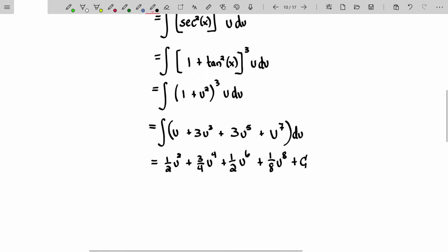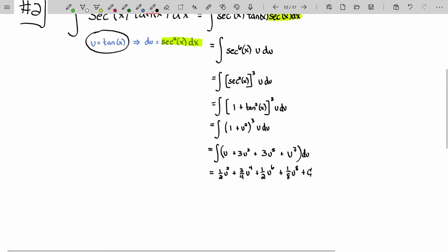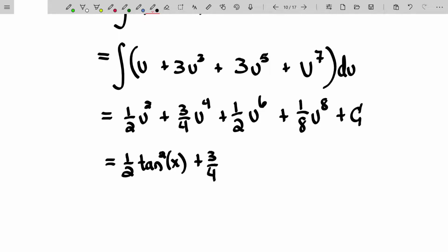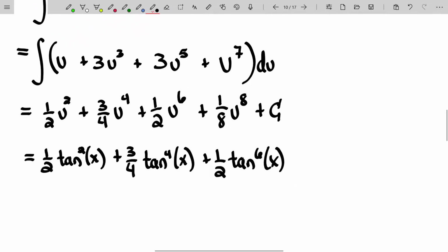And then you substitute in what u is equal to, which is tangent. So this ends up being 1/2 tangent squared of x plus 3/4 tangent to the 4th of x plus 1/2 tangent to the 6th of x. I'm chuckling because I would never want to do it this way.